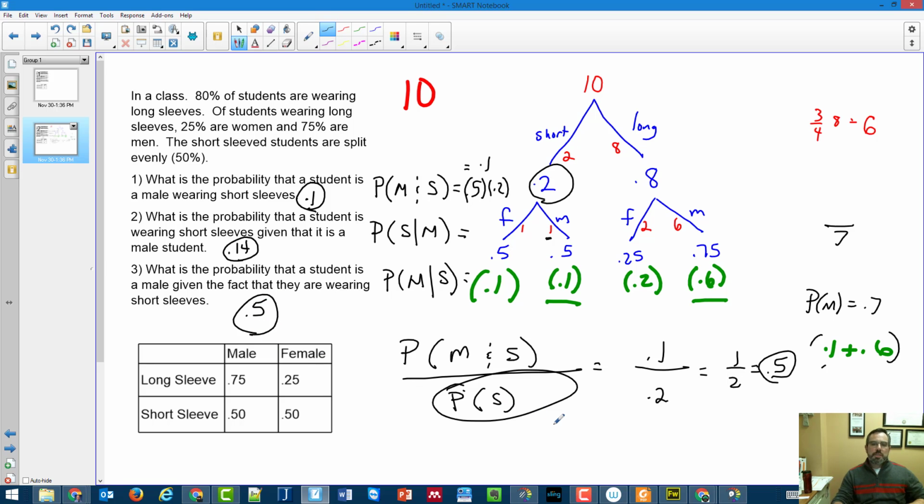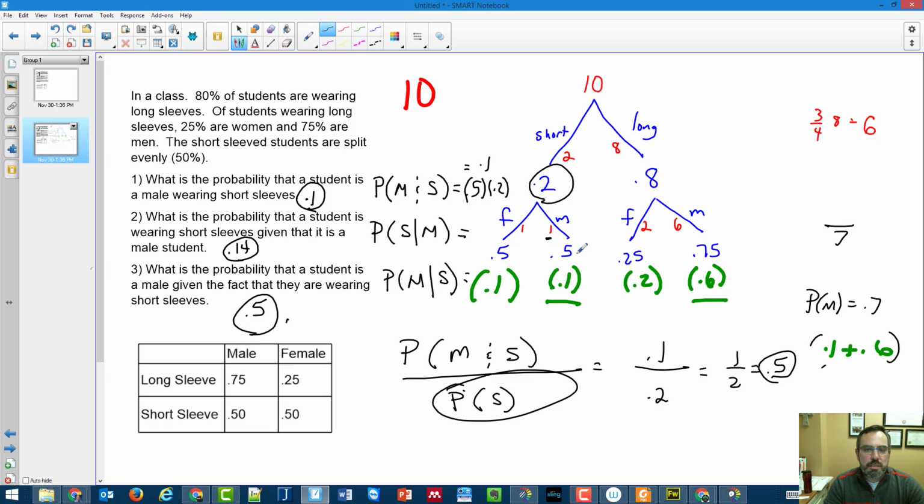So hopefully you notice a couple of the things are just really being reworded from the question. Number 3, probability of students male given that they're wearing short sleeves. It says right here, short sleeve students are split 50-50. I can do the math, or I can just interpret the question and say it's a 50-50 chance. Probability that a student is male wearing short sleeves, well, that one is just putting them together.